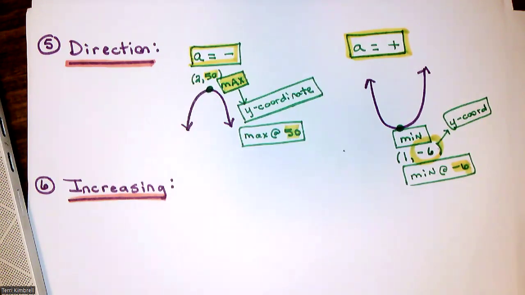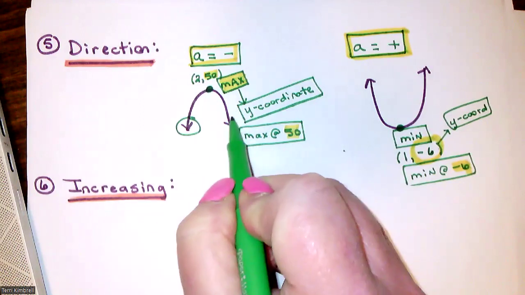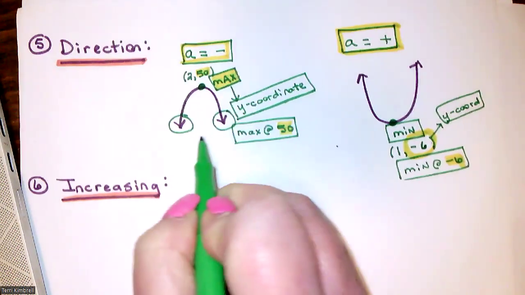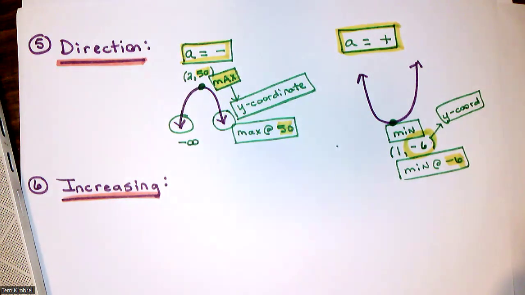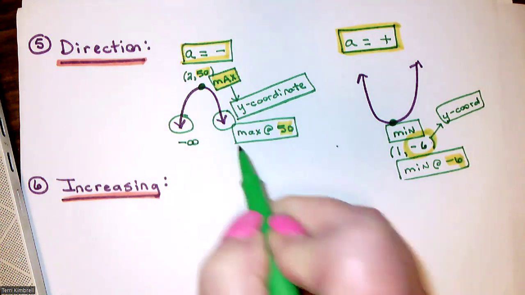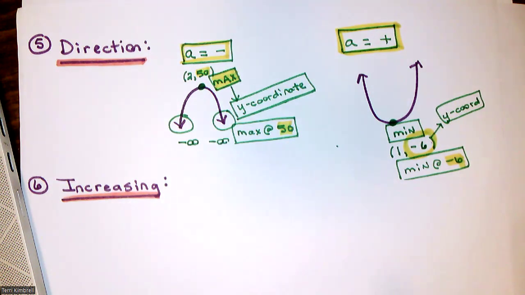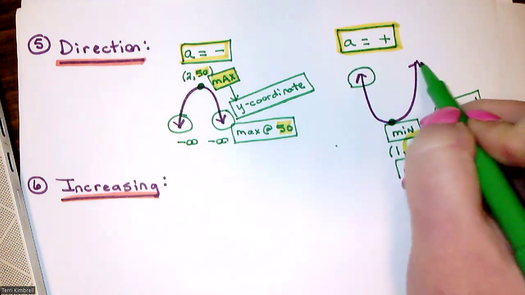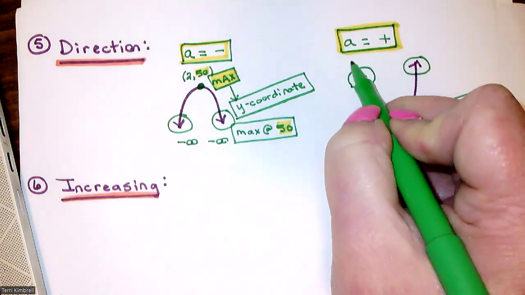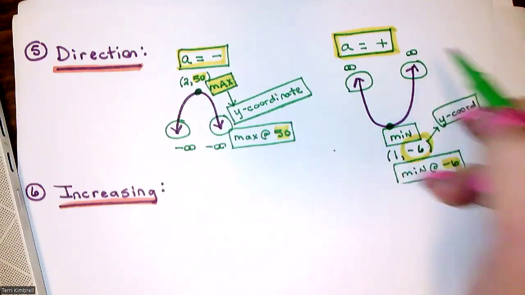So when you're looking at your up or down for your parabolas, make sure you look at your ends, okay? The ends of the graph. Both of those are trending toward negative infinity. So both of those ends are going down. Okay, both ends should be going in the same direction. So if you notice this one, both ends are going up, so they're both going to positive infinity.